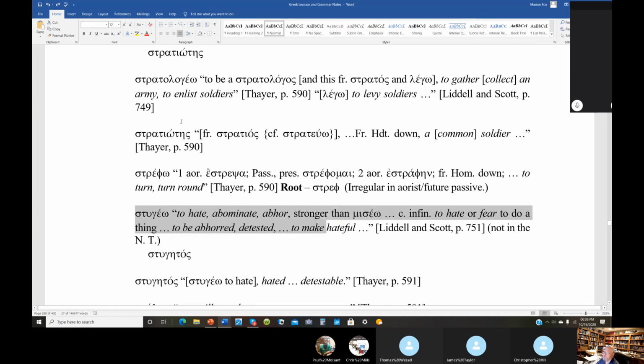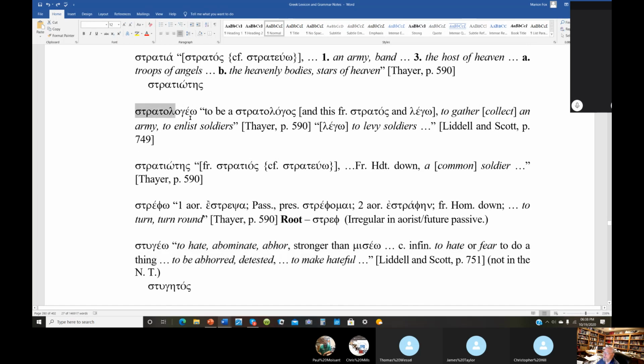Okay, let me find another one up here. This word up here may be irregular in some forms that are not found in the New Testament. So this book that I have only lists the forms that are irregular in the New Testament. It didn't list forms that are irregular in tenses that we don't find in the New Testament.